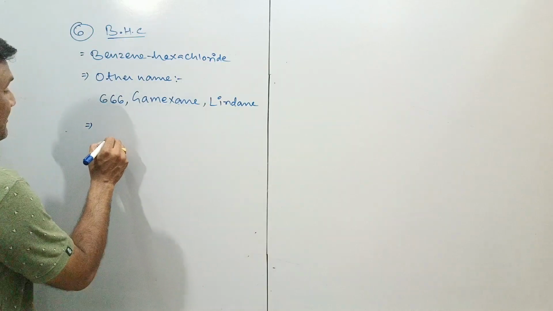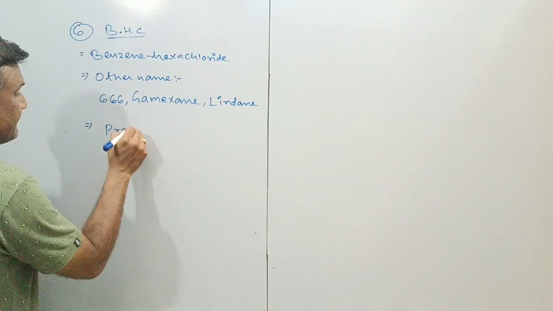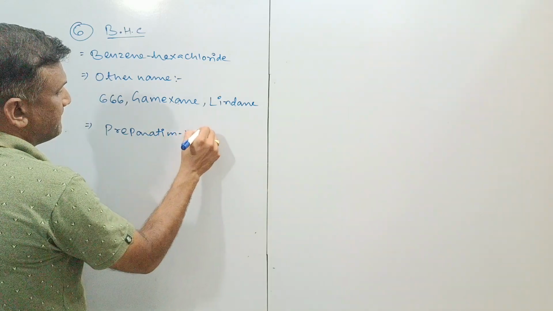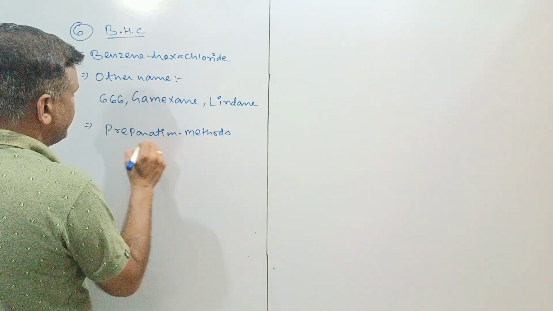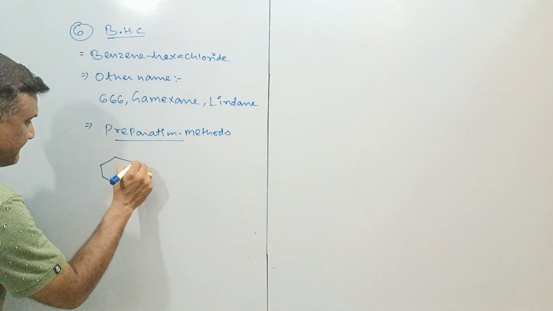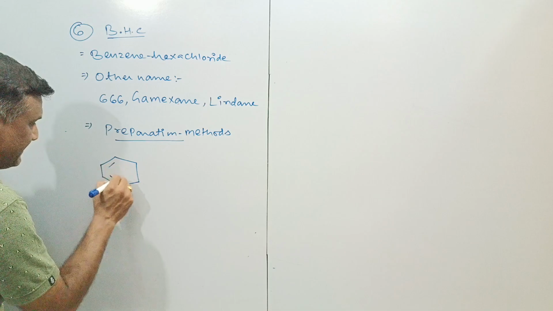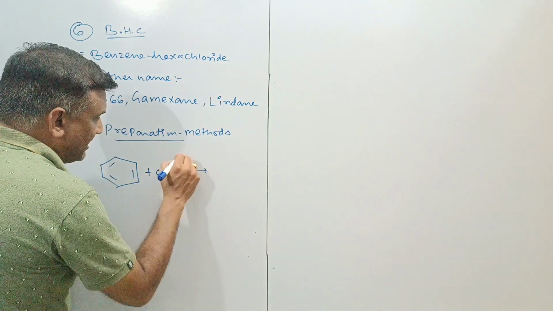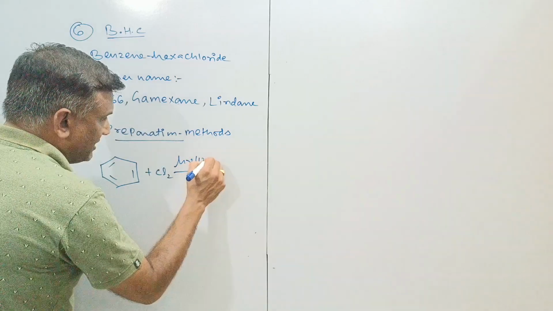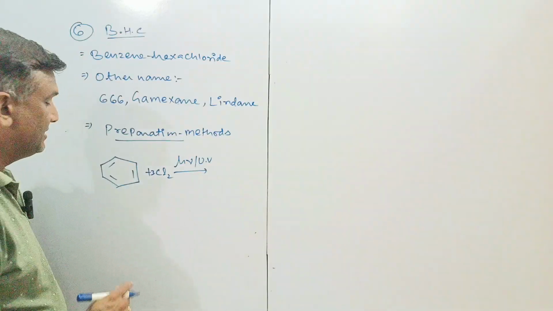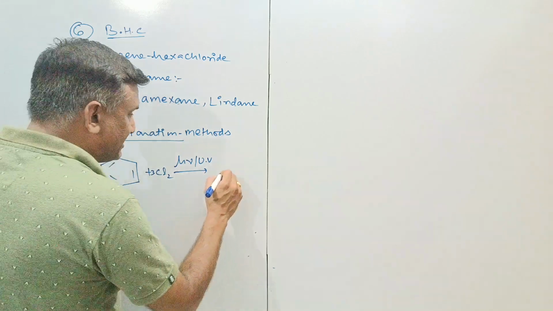Now the time to discuss the preparation method. If we go with the preparation method, this is the benzene. In the presence of light, h nu or UV, ultraviolet, here three molecules of chlorine will be required and all pi bonds become dissociated.